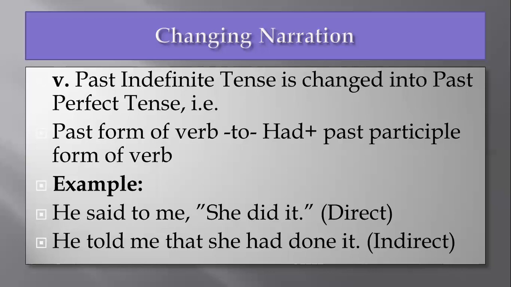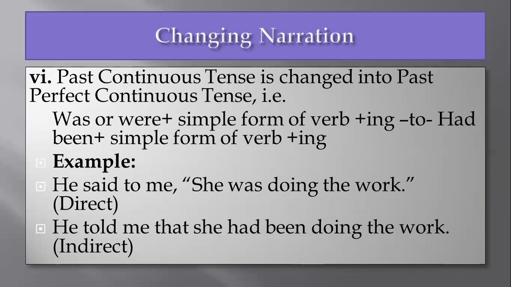So, if this sentence is in the indirect speech, it comes, he told me that she had done it. So, she did it in the past indefinite tense has been turned into she had done it. That is the past perfect tense. Okay.